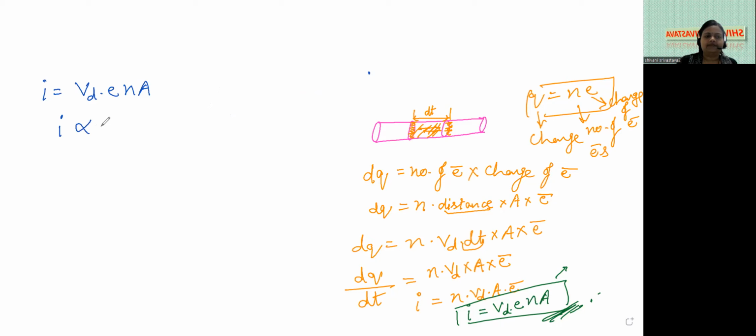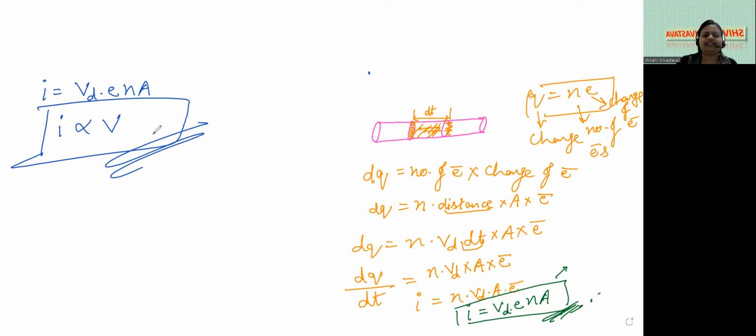I is directly proportional to velocity. And if we remove this proportionality sign, we can put all these constants. From here only, Ohm's law is generated. The same law was given by our great scientist Ohm.